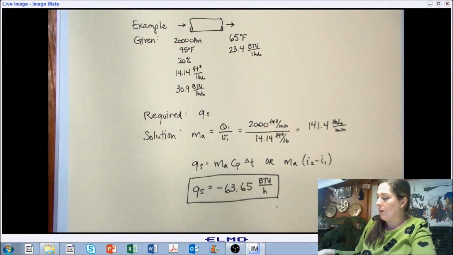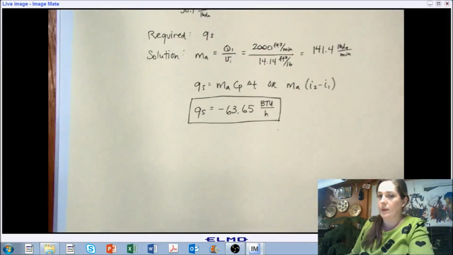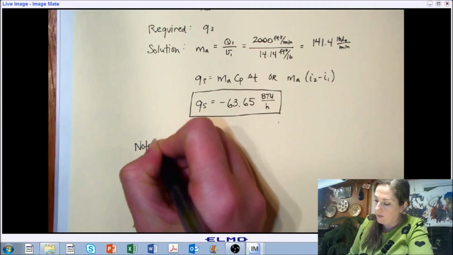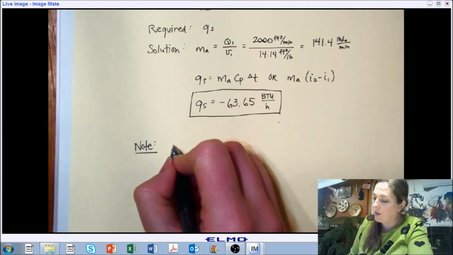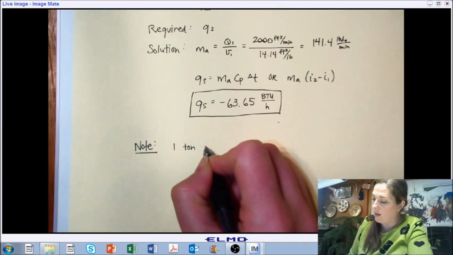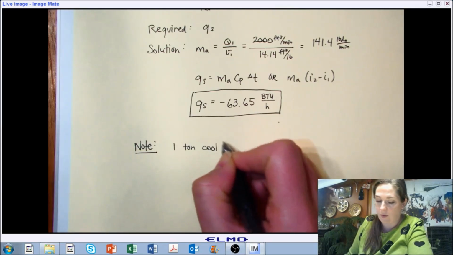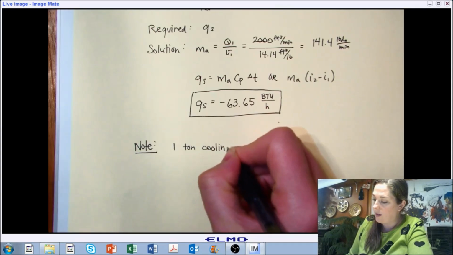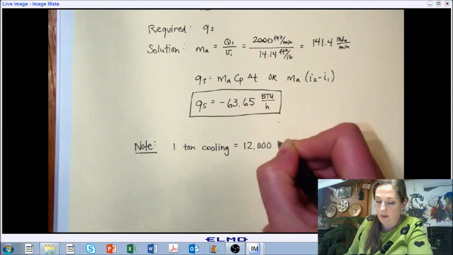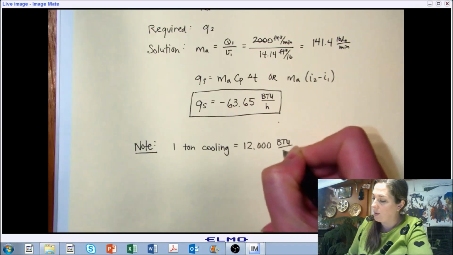So one note about cooling. This is a terminology, vocabulary kind of thing. When we're talking about cooling, you might hear the term tons of cooling. 1 ton of cooling is 12,000 BTUs per hour.